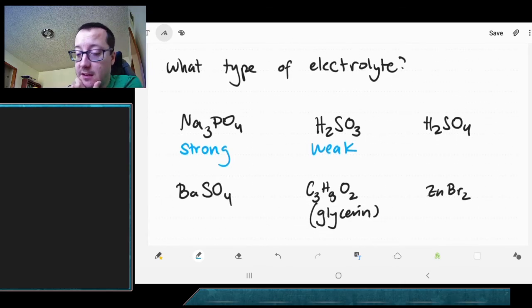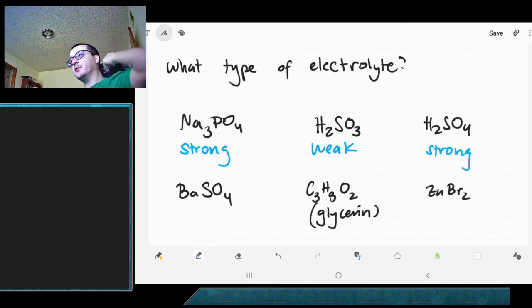However, if we look at sulfuric acid, that is one of our strong electrolytes. It is one of those 6 that we'll want to remember. It will completely break up in solution. Barium sulfate is an ionic compound, so you might be tempted to say strong electrolyte.